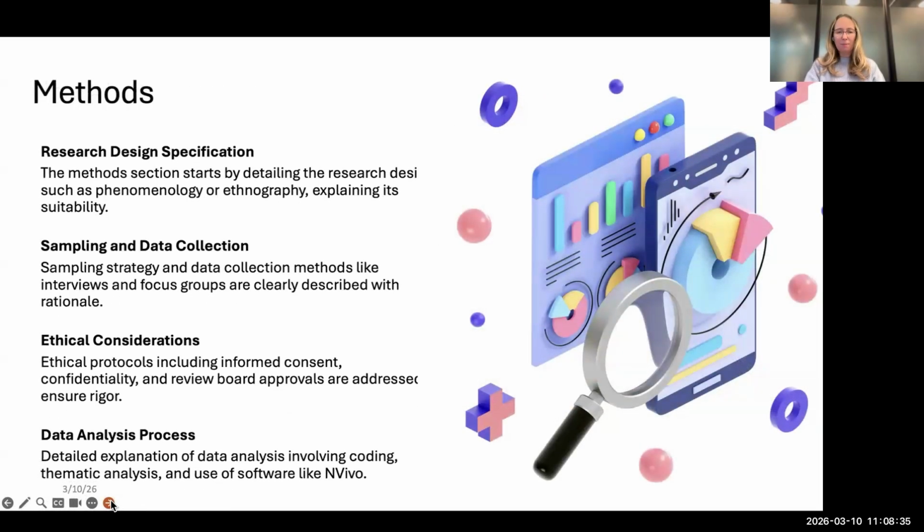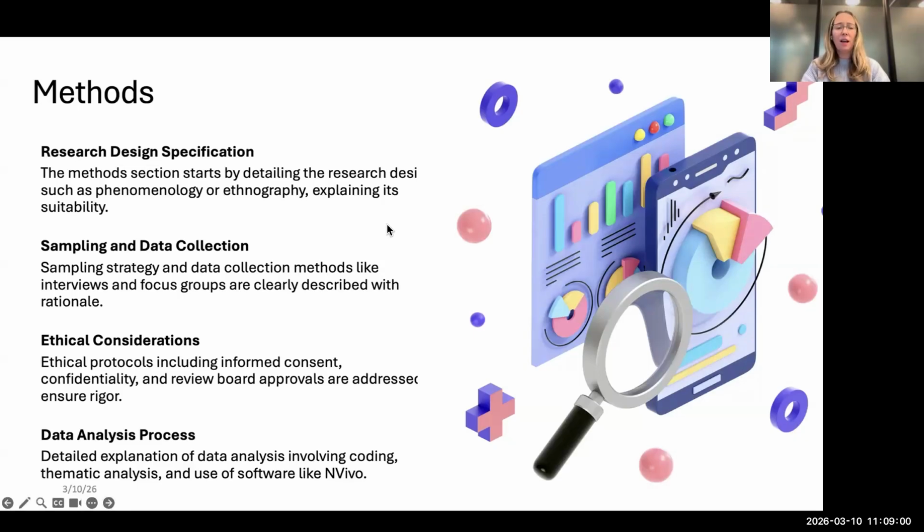So coming to the methods part, and if you've followed me for any of the other webinars that we put on here, you know that I am an applied researcher, so really thinking about practical applications. This, again, is somewhere where I think we have to be very clear, very succinct, and very transparent in what exactly we did.